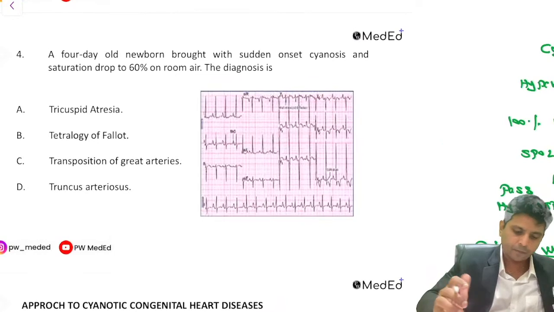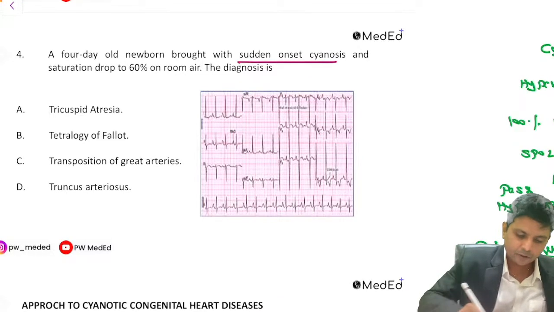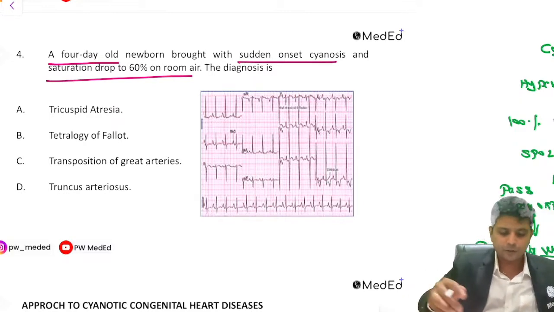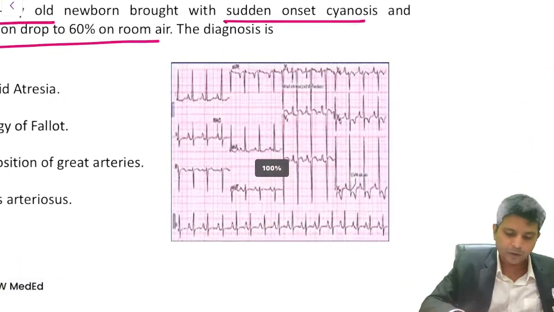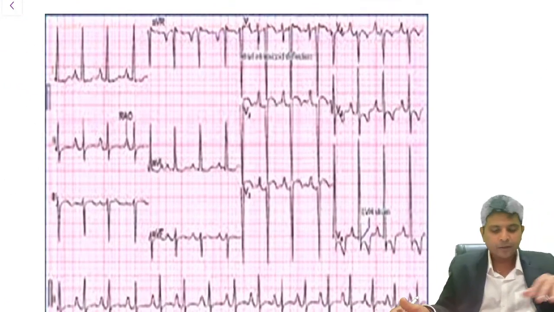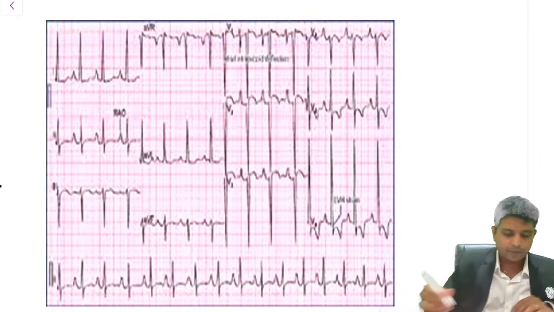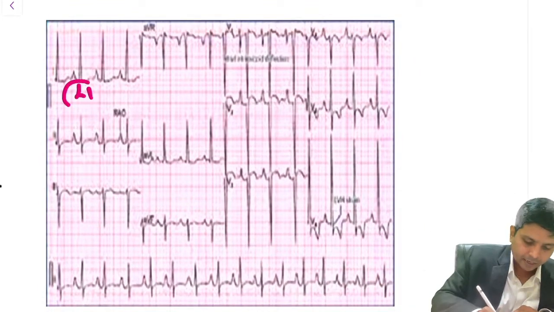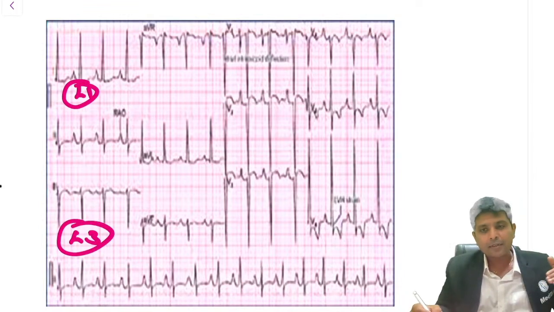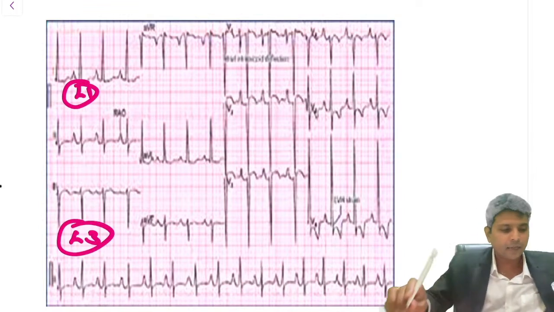What is this? Sudden onset cyanosis and saturation drops to 60 on day 4. Because by day 3, the ductus arteriosus closes. So cyanosis you have. Look here. Is this left axis, right axis, or normal axis? Let me say, this is lead 1, this is lead 3. Just look here. Which has got a tall R wave and which has got a deep S wave?